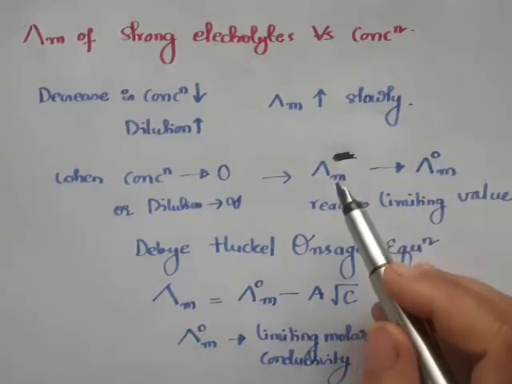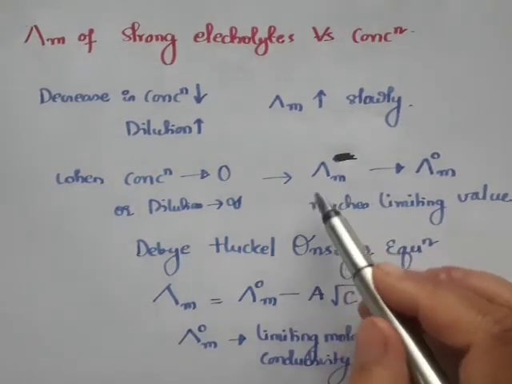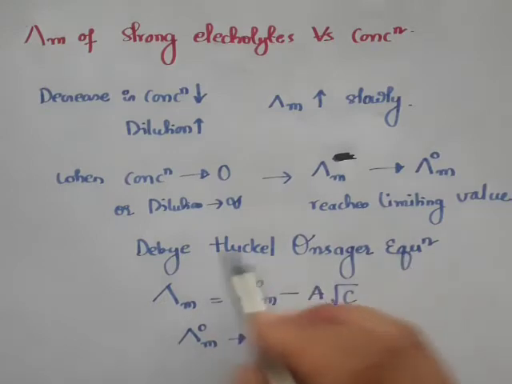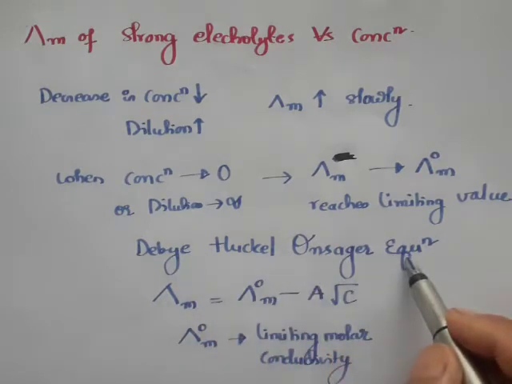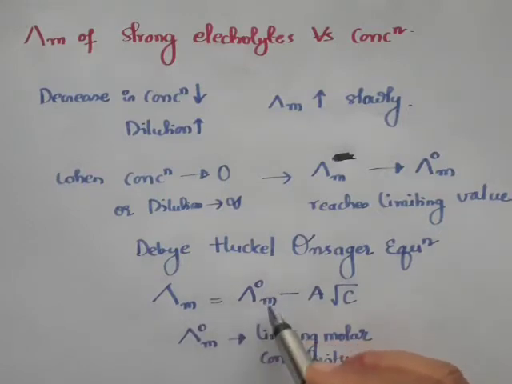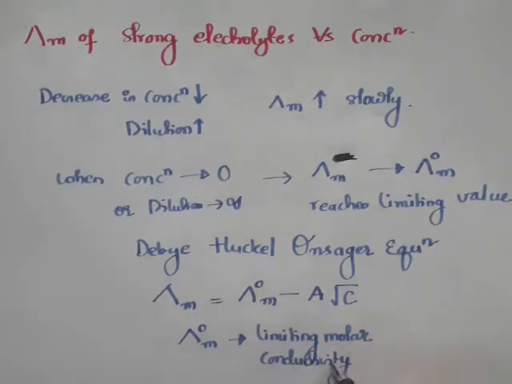The relationship between molar conductivity and concentration can be expressed by the Debye-Huckel-Onsager equation: lambda m equals lambda naught m minus a root over c, where lambda naught m is the limiting molar conductivity or conductivity at infinite dilution, a is a constant, c is the concentration, and lambda m is the molar conductivity.